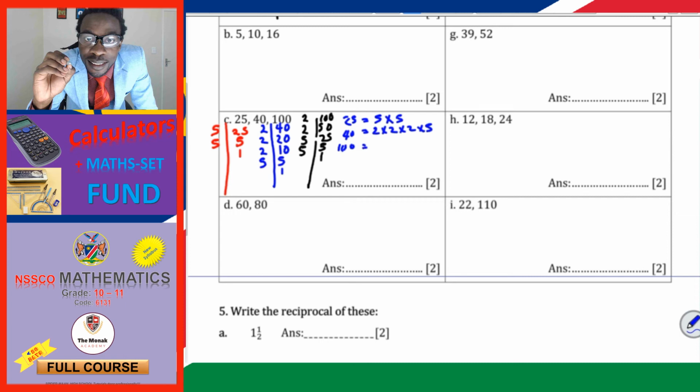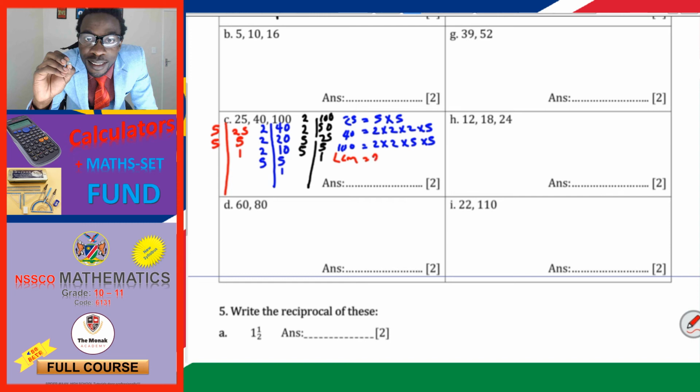And we know 100 is 2 times 2 times 5 times 5. Alright, like we said, lowest common multiple. We include each and every prime factor. So our prime factors here are only 2 and 5. But we want to include where they are the highest among the numbers.